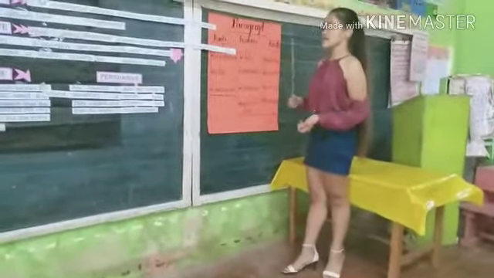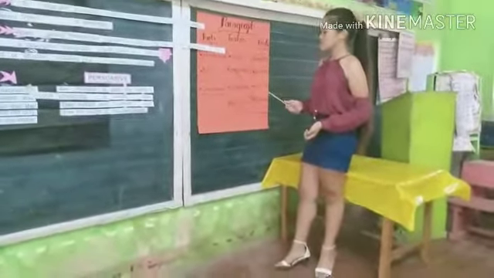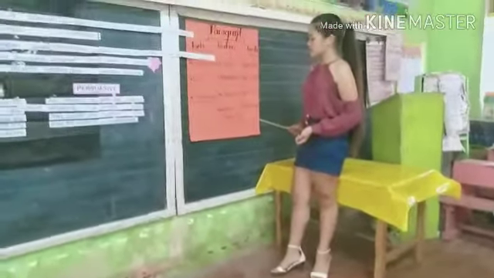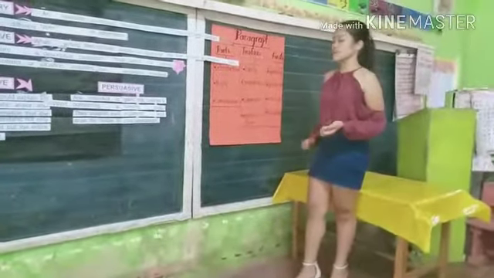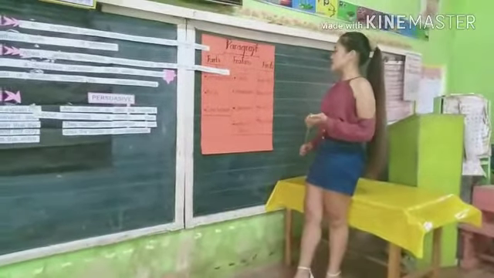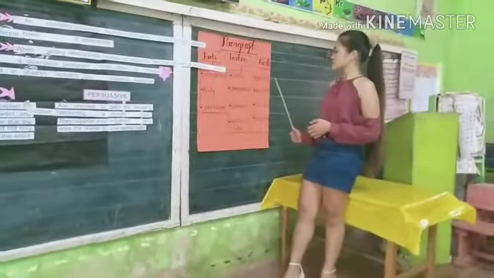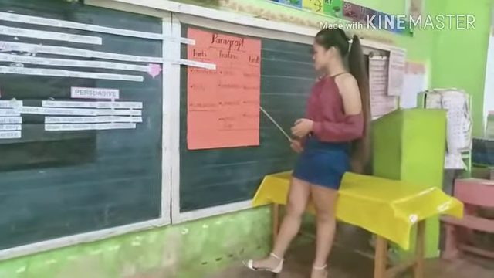Its features are unity, completeness, coherence, and emphasis or order, and you can consider a good paragraph if it has all the basic features. The kinds of paragraph are expository, descriptive, narrative, and persuasive.